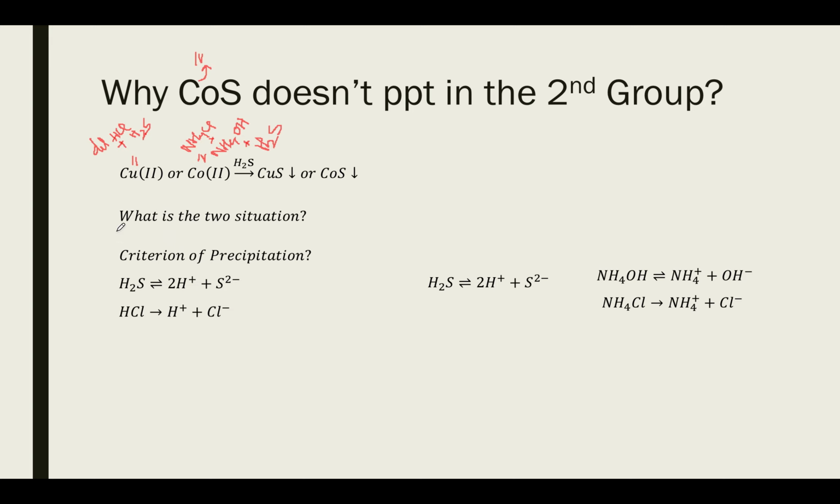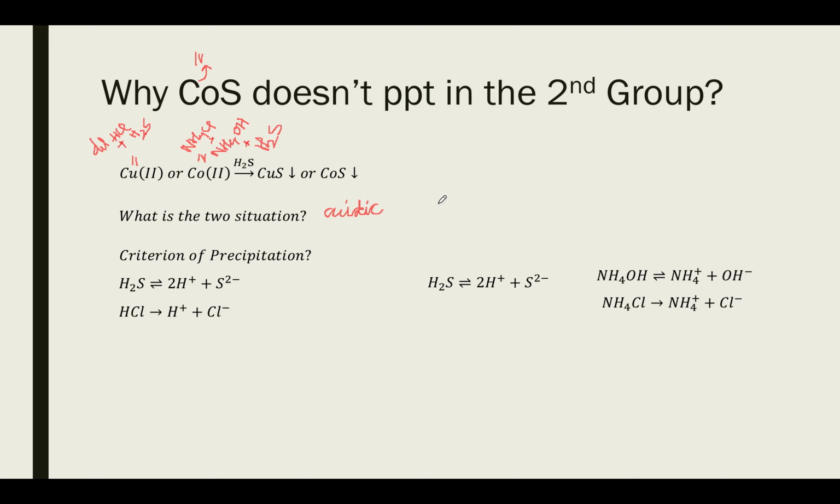The first question we try to answer is what are the two situations. If you look into these conditions of the group reagent, you will find that in group 2 H2S is passed in an acidic medium. So in group 2 you have an acidic system.